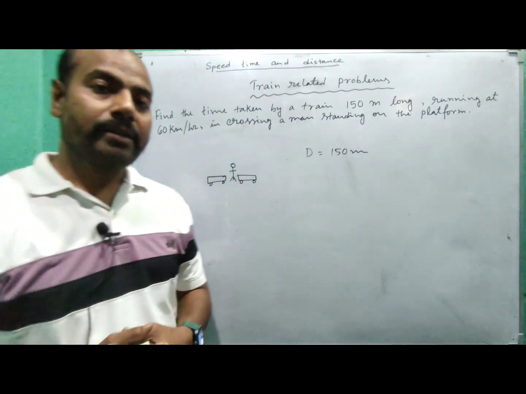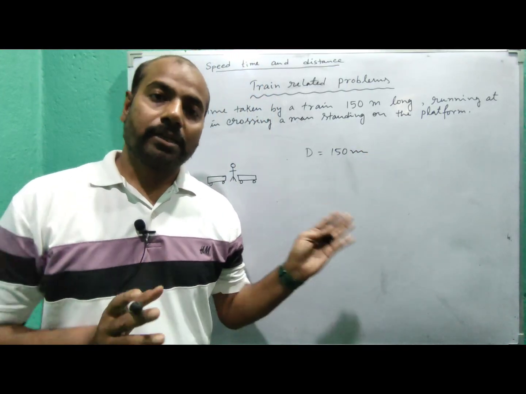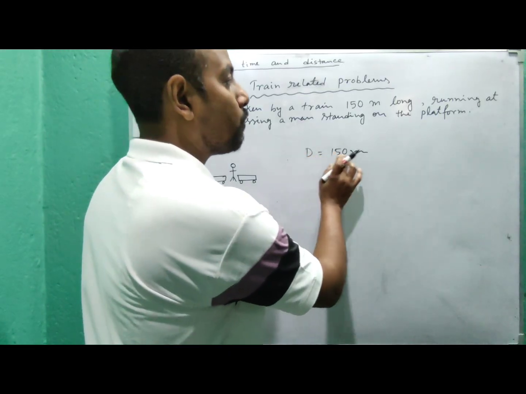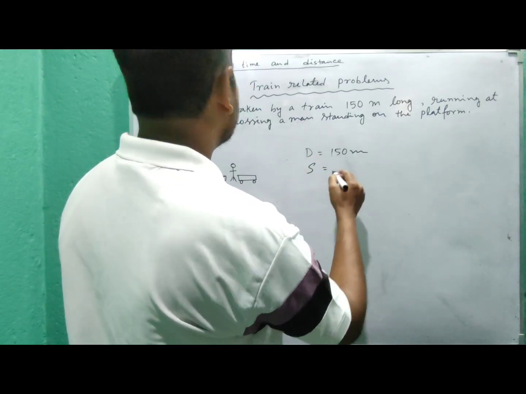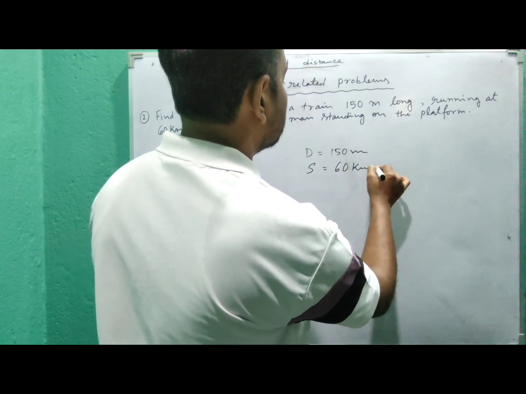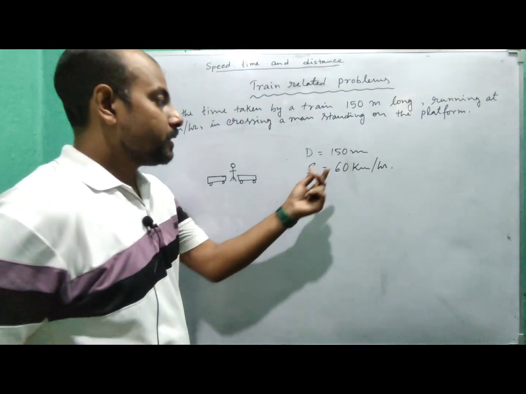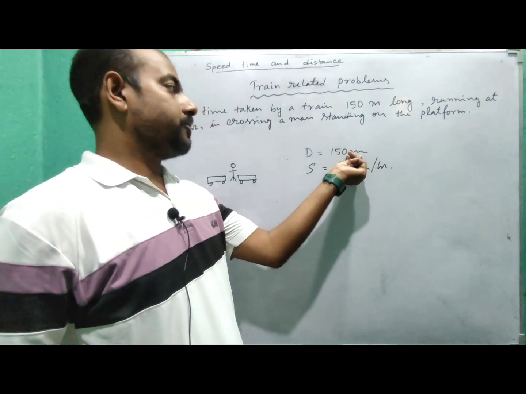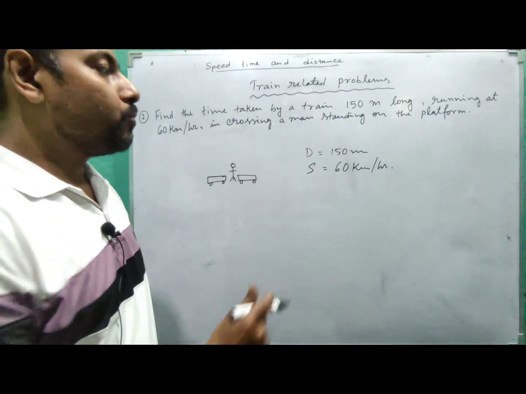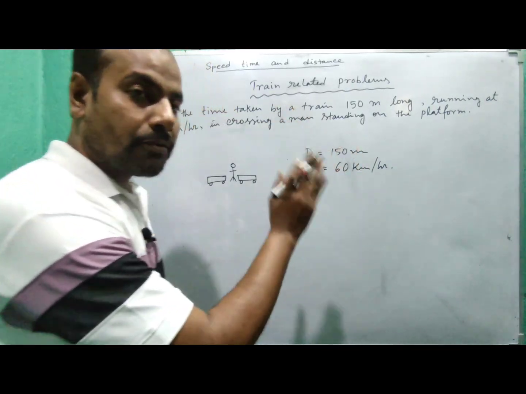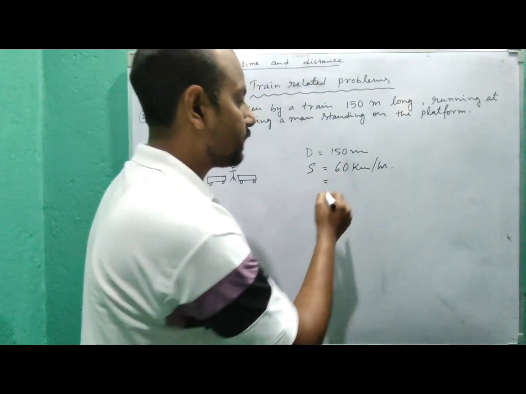As I said earlier, always write the given data. Distance equals 150 meter, speed equals 60 km per hour. But see here, the distance is in meters and the speed is in kilometer per hour. So we have to convert kilometer per hour into meter per second.